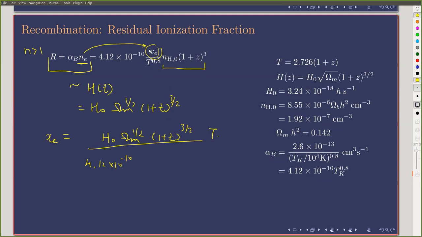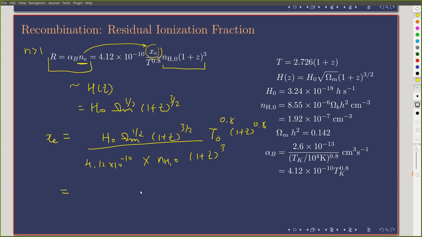So we can write this temperature. Basically, we can write this temperature for now as the CMB temperature. So let's write that as this times 0.8 into (1 plus z) to the power 0.8, times this. Sorry, yeah, so this. Am I missing anything? No.